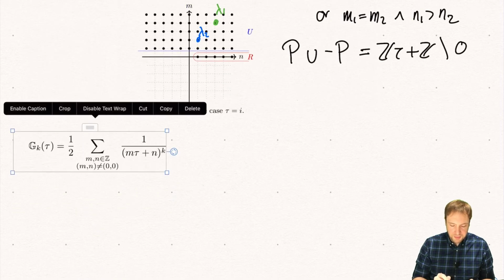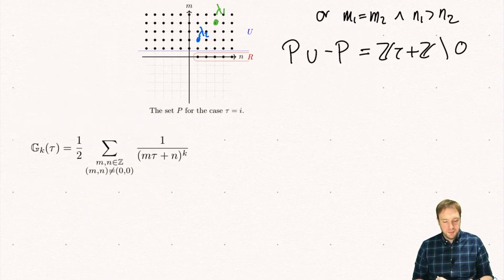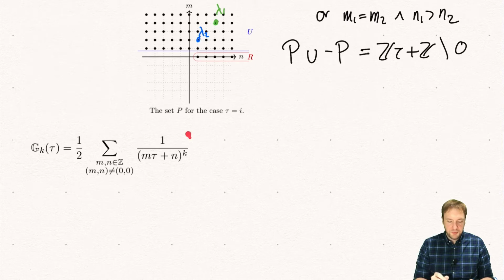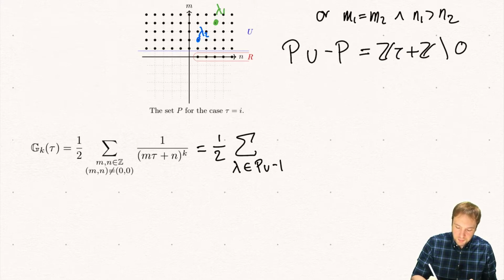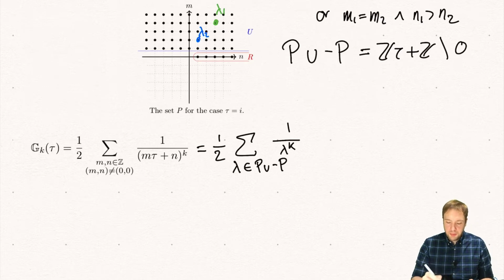we can rewrite our definition here of the Eisenstein series. Here we took the sum over all lattice points with a factor 1/2. But this will now be the same as 1/2 times the sum over all lattice points in P union minus P of 1 over lambda to the k.